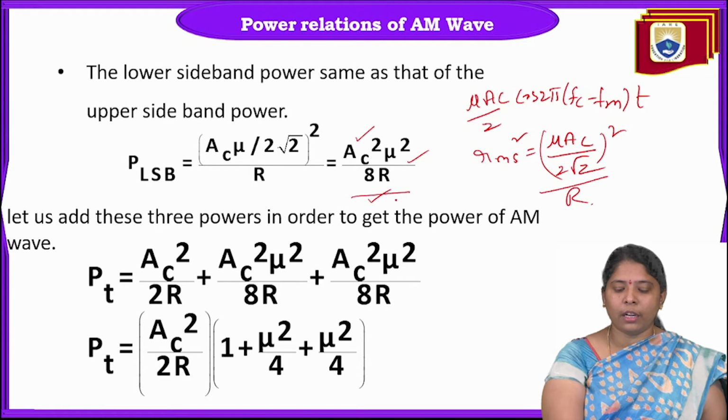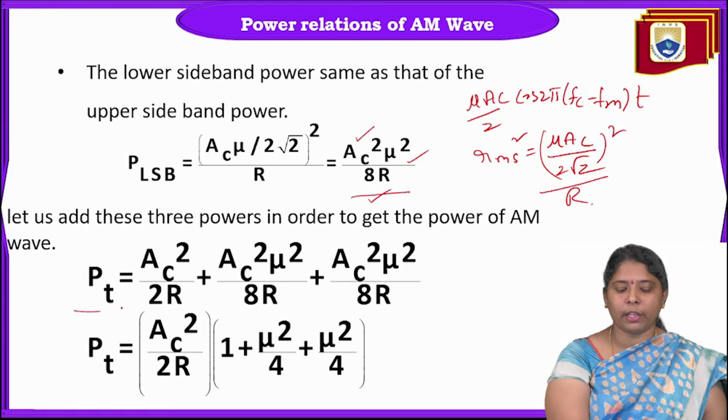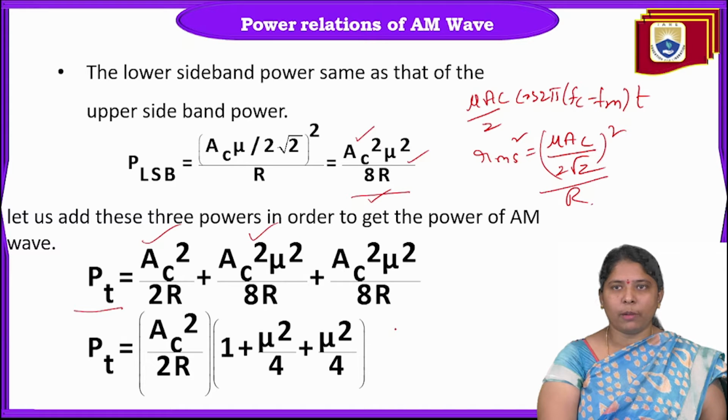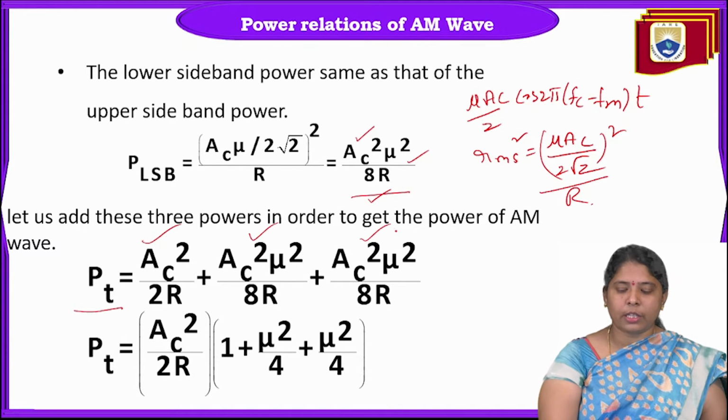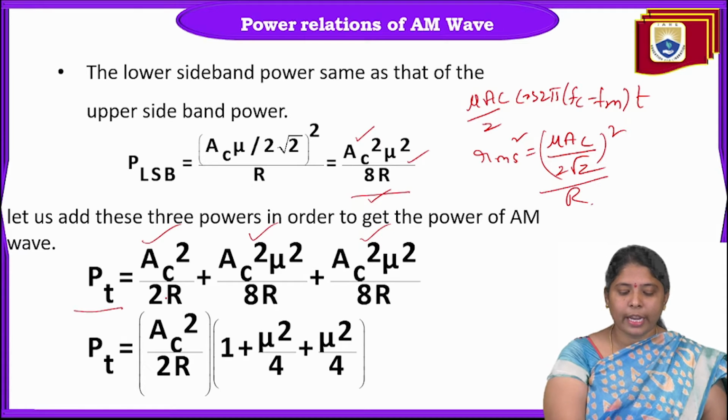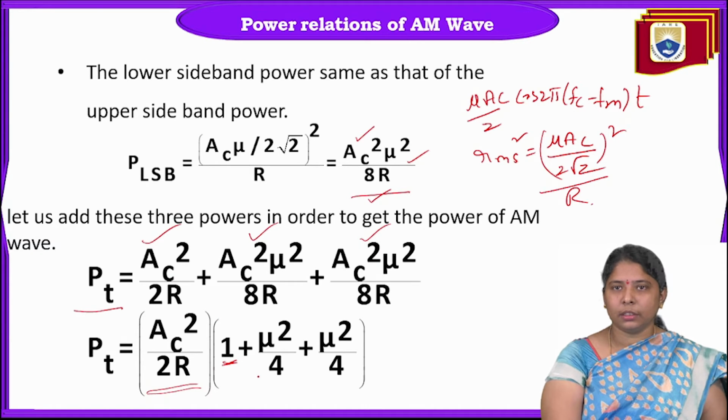If we add all the powers, total power equals the carrier power AC square by 2R, plus the upper sideband power AC square mu square by 8R, plus the lower sideband power AC square mu square by 8R. Taking AC square by 2R as common, the first term is 1, the second term is mu square by 4, and the third term is mu square by 4.